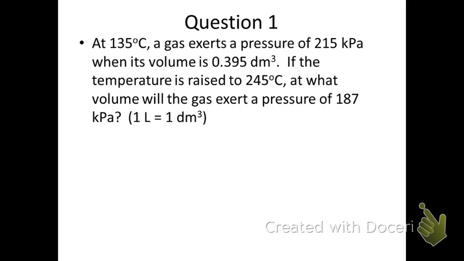So 135, I'm going to call that T1. A gas exerts a pressure of 215 kPa. That's associated with the 135, so that's P1. When its volume is 0.395 decimeters cubed, that's V1. If the temperature is raised to 245, here's T2. At what volume will the gas exert a pressure of 187 kPa? So I'm looking for a volume, and it gives me P2.